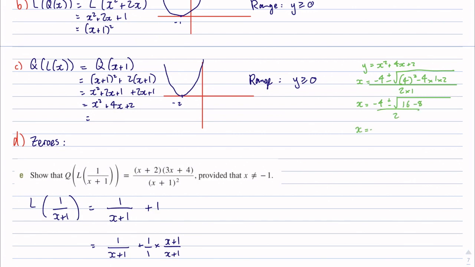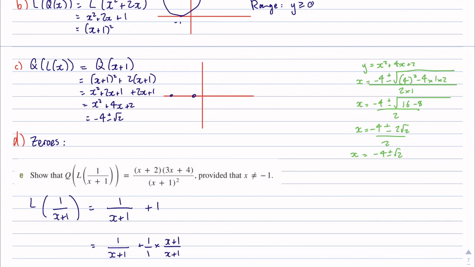So I've got minus 4 plus minus, well, that's 8, which is the same as 2 root 2 over 2. So I've got minus 4 plus minus root 2. So if you were yelling at the computer then, I apologize. Minus 4 plus minus root 2.